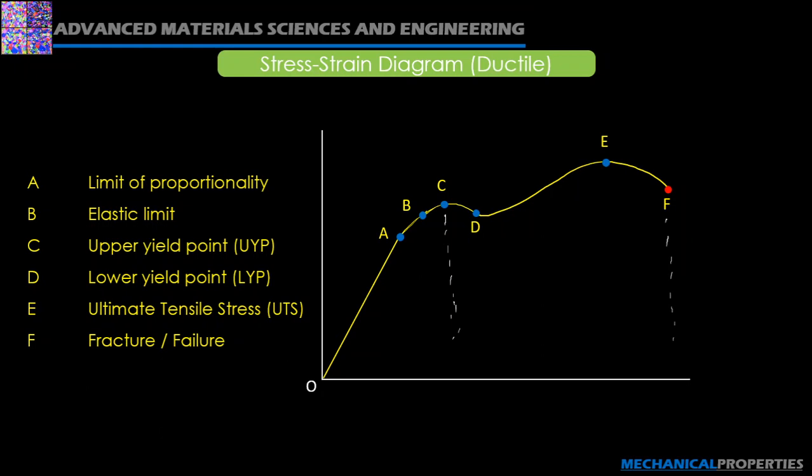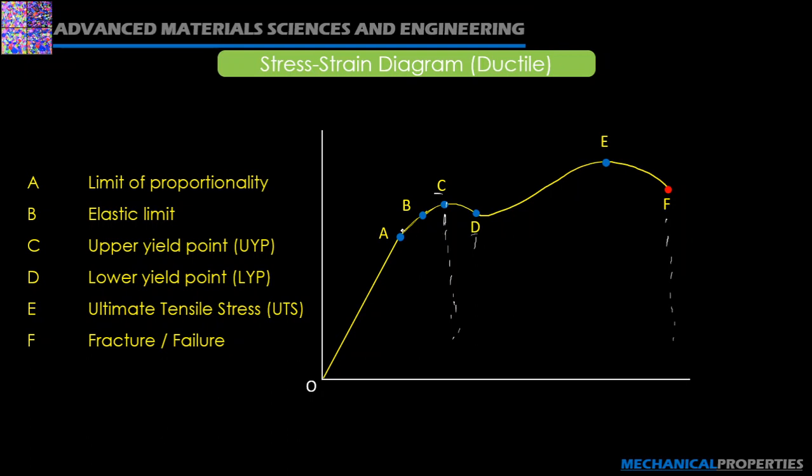And for ductile materials the stress value at the lower yield point is taken as the strength criteria. Now we have two yield points here, C the upper yield point and D the lower yield point.